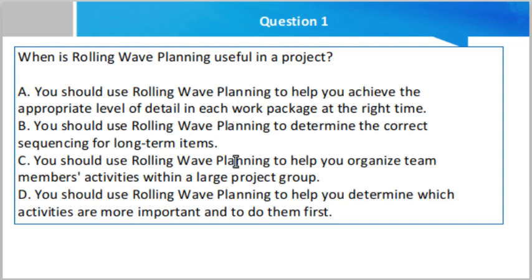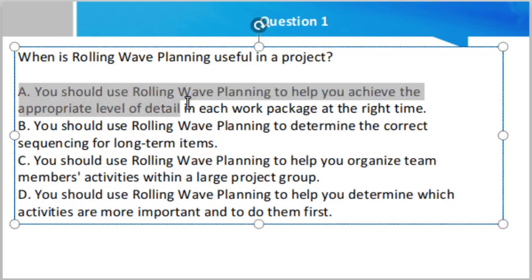Option C, you should use rolling wave planning to help you organize team members' activities within a large project group. Option D, you should use rolling wave planning to help you determine which activities are more important and to do them first. So the option which is correct is option number A.